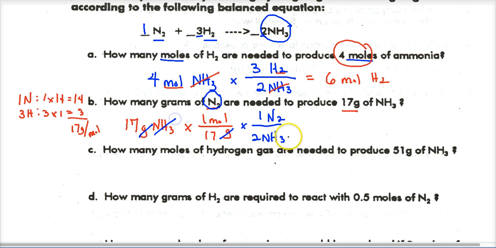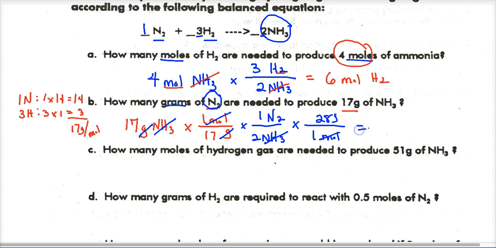I'm using the balanced coefficients. Cancel off my what? Ammonias. Now I have moles of N2. But they asked for grams of N2. So my last step, I convert to grams. Get rid of the mole. One mole equals how many grams of N2? Well, a mole of N2 is 2 N's. 1 N is 14, 2 N's is 28 grams per mole.